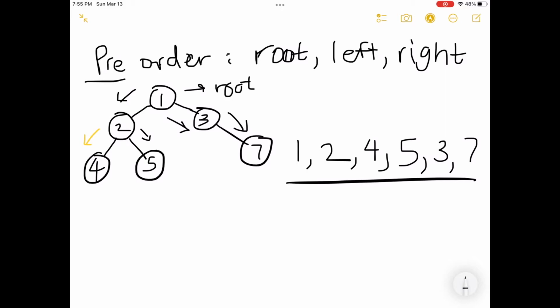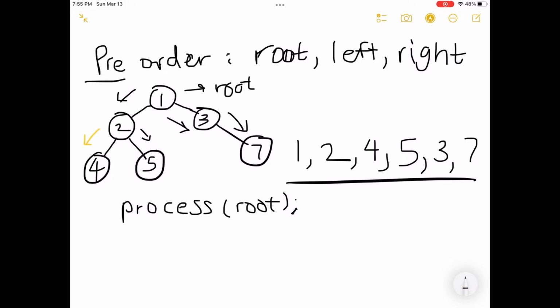Now, in terms of code, how would you go about thinking about this? It's actually very simple. Since this is a recursion, this is a pattern, so we can keep repeating it over and over again. So we would first process the root. Processing could be just printing the value, or maybe changing the value somehow. I'm just giving a rough pseudocode here, I'm not actually coding in some language.